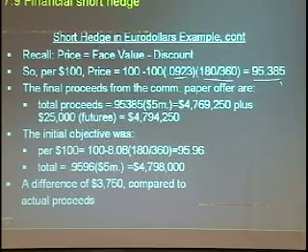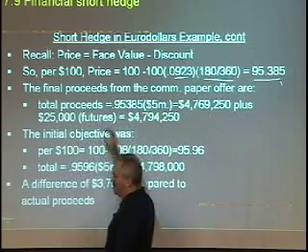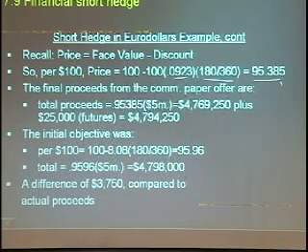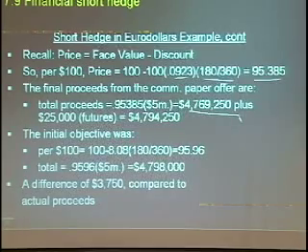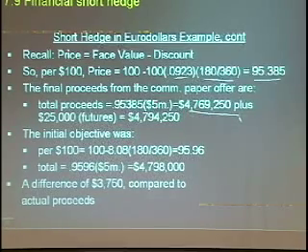You're issuing paper for $5 million. Let's multiply it by the discount factor, which is 0.9538. That gives you a total of $4.769 million. That's the money you receive.